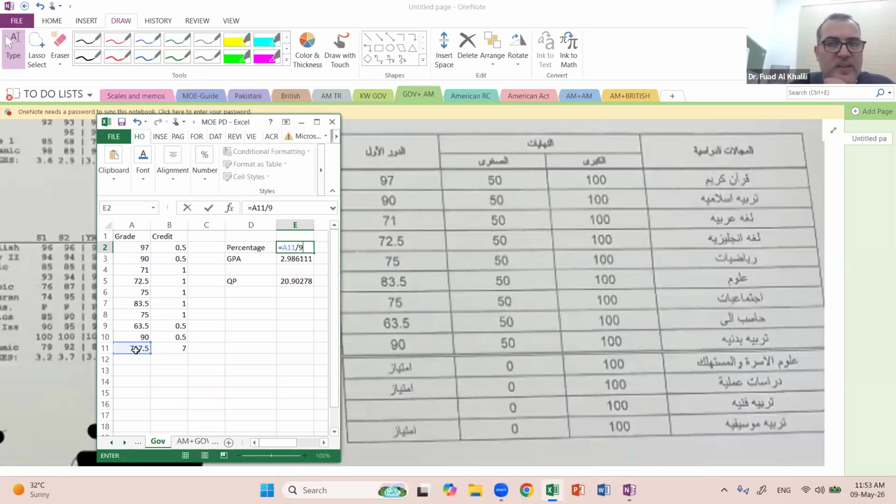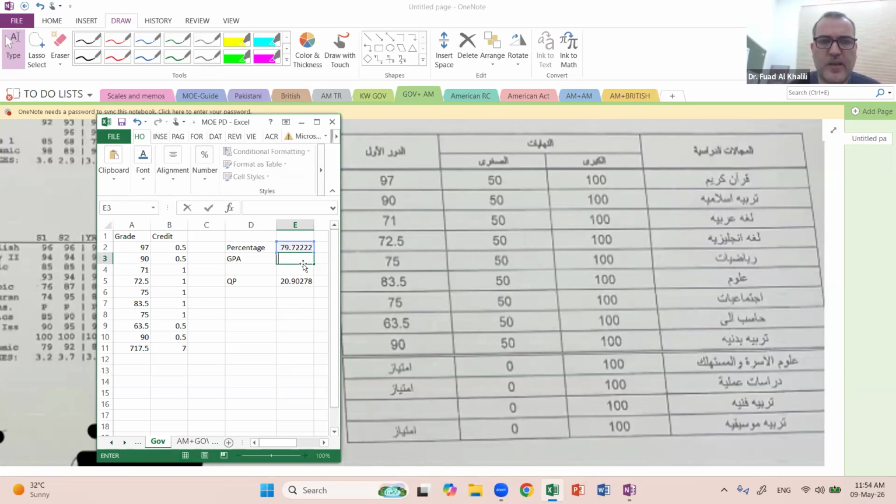Why am I allowed to divide by 9? Mathematically, if all classes in this school are out of 100, you divide by the total number of subjects, which is 9. So the student got 79.72.